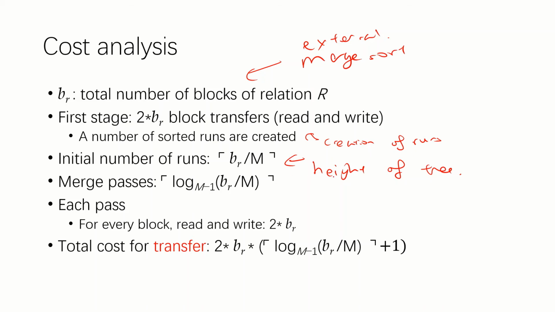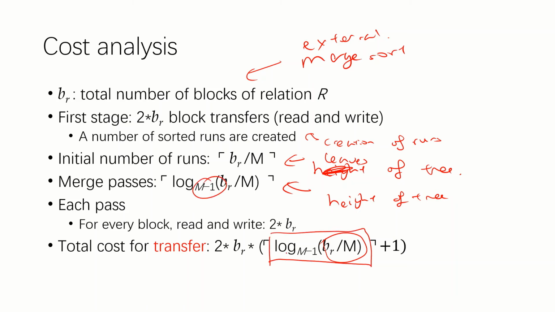You notice that the number of leaves of the tree and the branching out factor is M minus 1, and so this is going to be the number of reads and writes for every level of the tree.